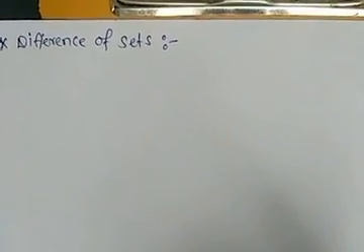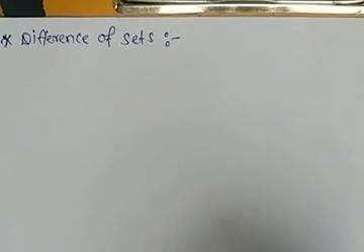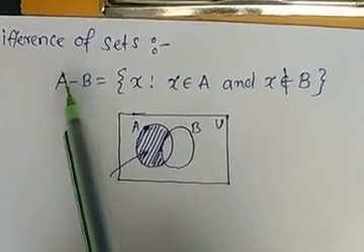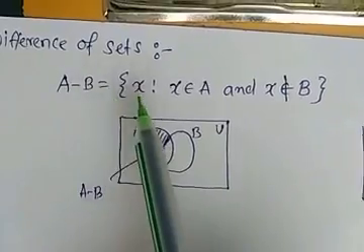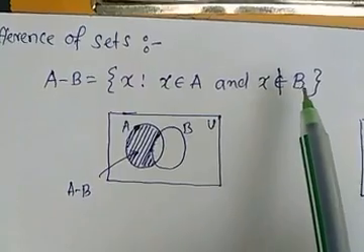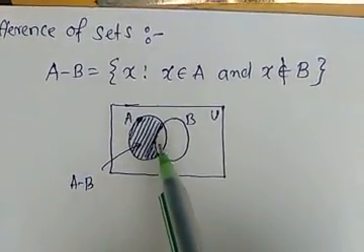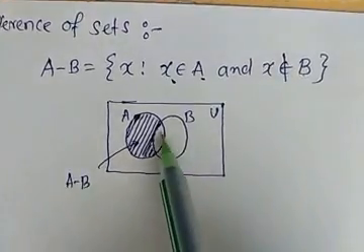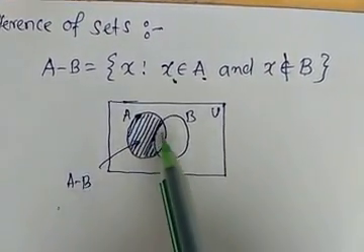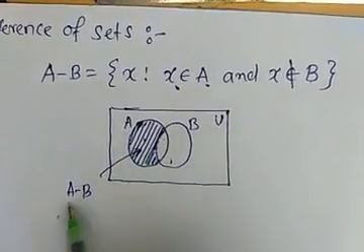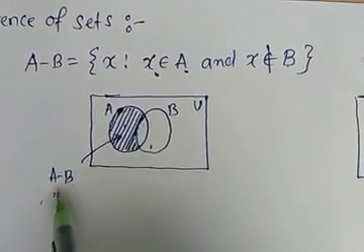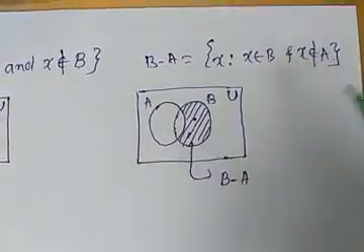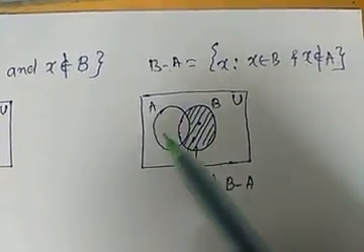Now we see the Venn diagram representation of difference of sets. The definition of A minus B is equal to x such that x belongs to A and x does not belong to B. So its representation will be: the element should be in A but not in B. That means the common region is not present in A minus B. So the part before the common region will be our A minus B. This shaded part shows our A minus B. Same as B minus A, defined as x belongs to B and x does not belong to A. So here the common region is not present for both.